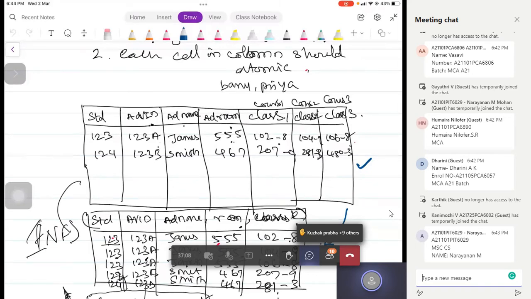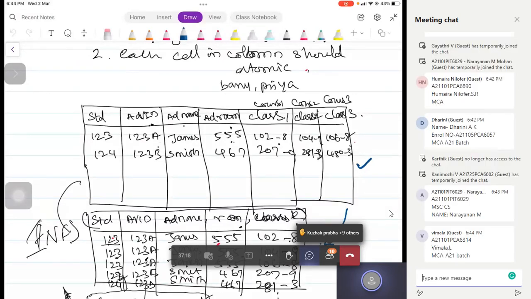A student may have an advisor, James, and his room is 555. He is taking class 1 as well as class 2 and class 3.